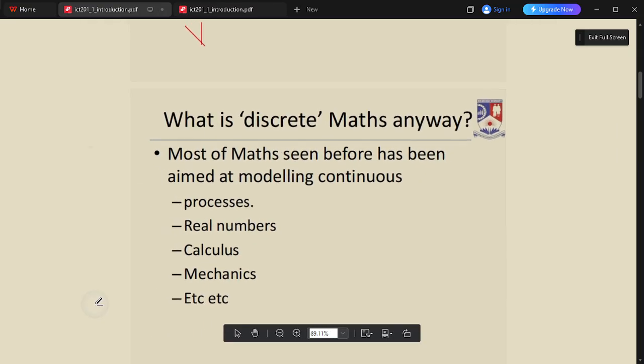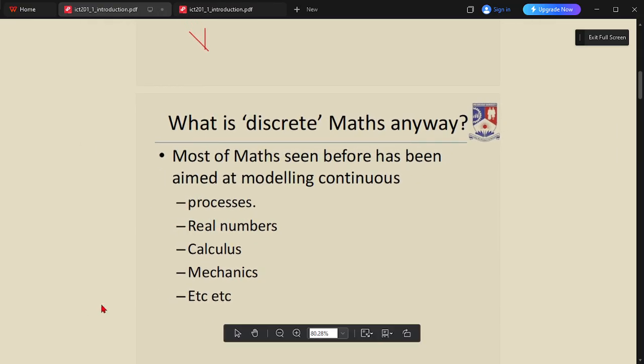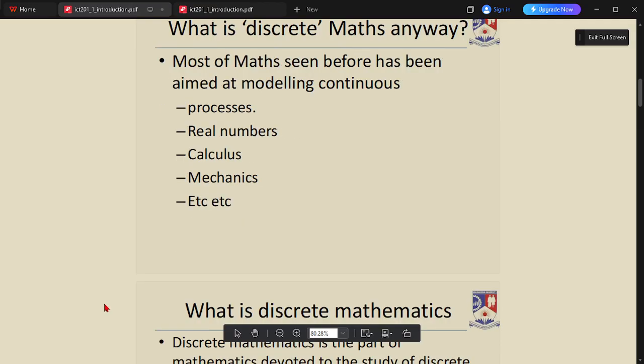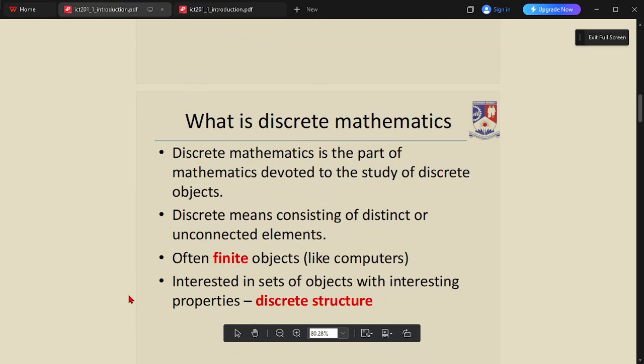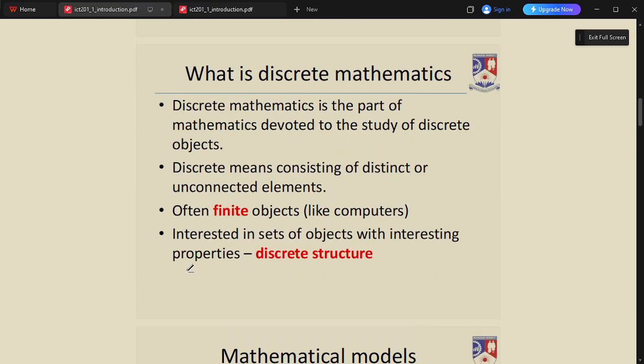Just to zoom out a bit. What is discrete mathematics? In simple terms, discrete mathematics is a part of mathematics that is devoted to the study of discrete objects. Discrete means distinct or unconnected elements.